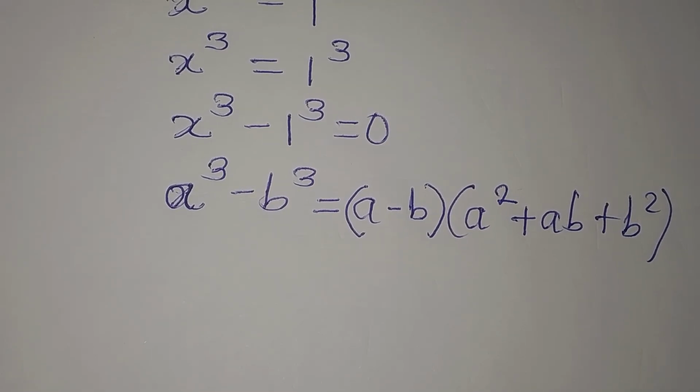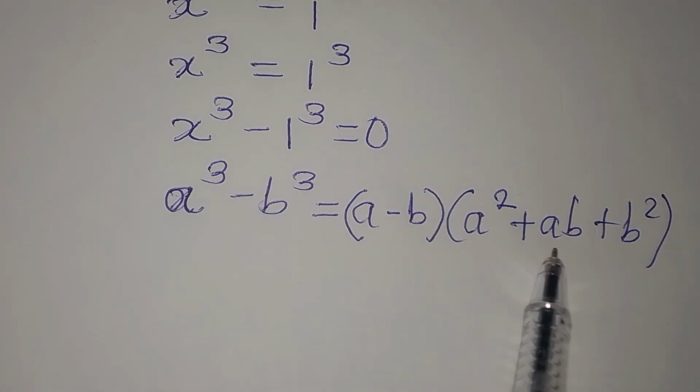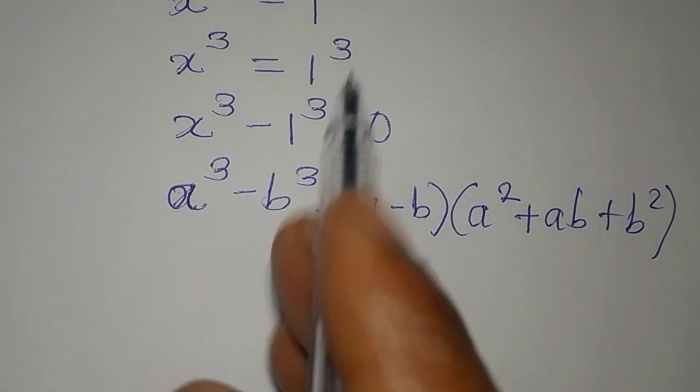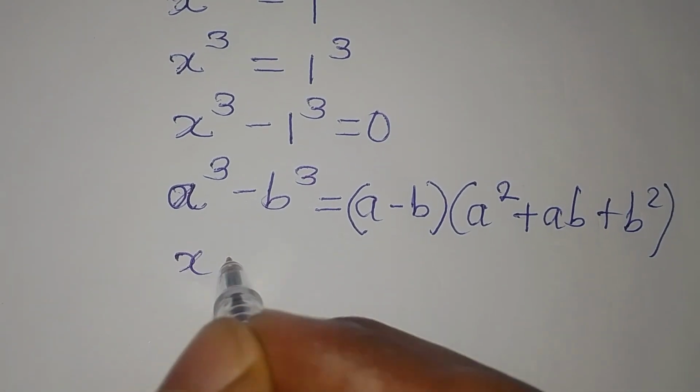This is an identity in mathematics. Now the second step is that we put in the value x and 1 into this identity. A minus b becomes x minus 1.